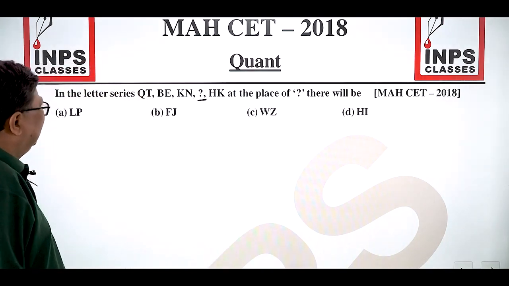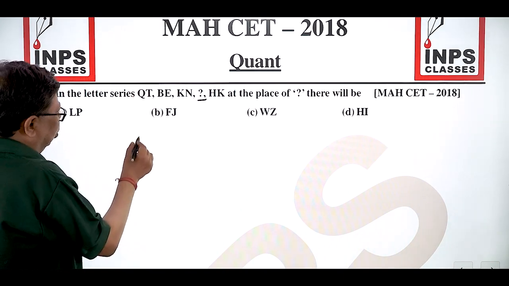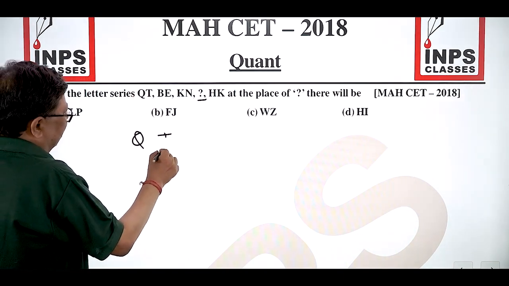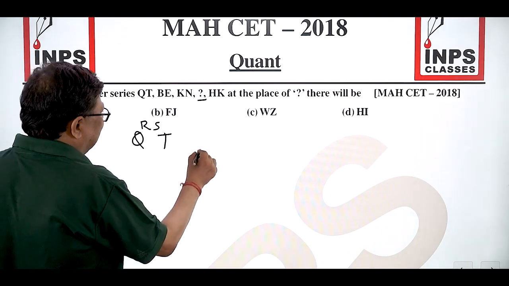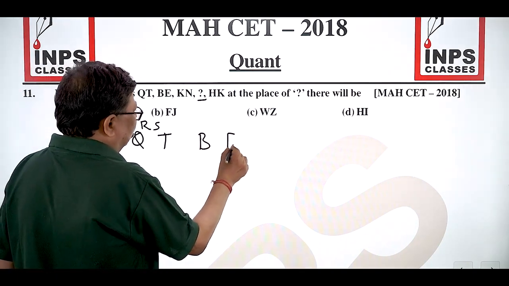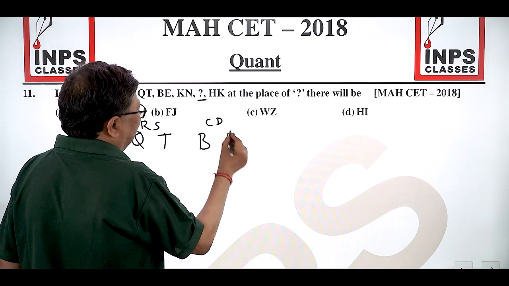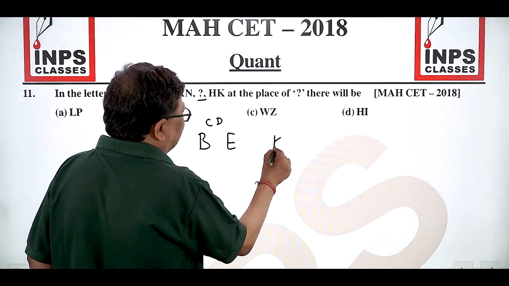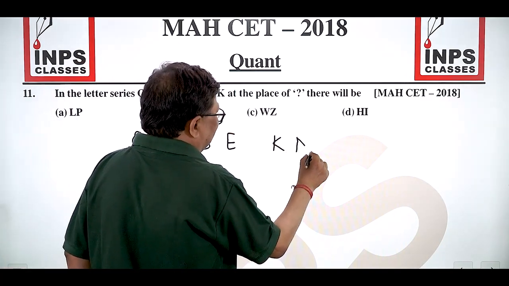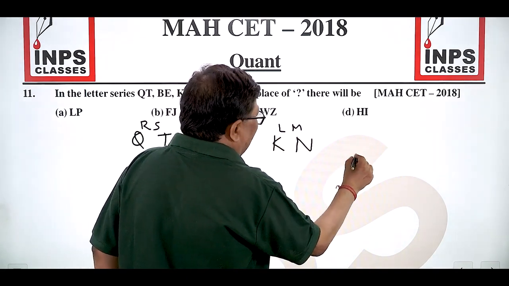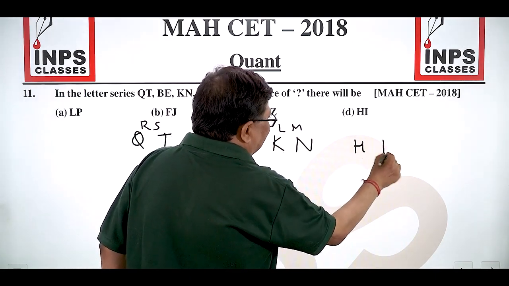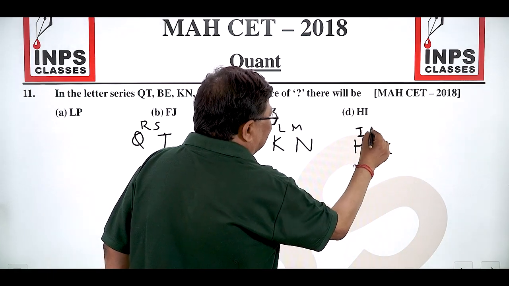Okay. Now, if you see here QT, you have R and S in between. BE, you have C and D in between. KN, you have L and M in between. HK, you have I and J in between.